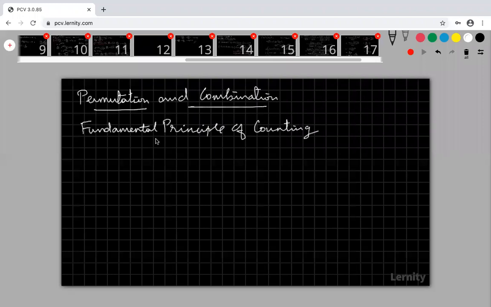Fundamental principle of counting. What is the fundamental principle of counting? Let us discuss one example. After that, we will see what the fundamental principle of counting is. Look at the question.